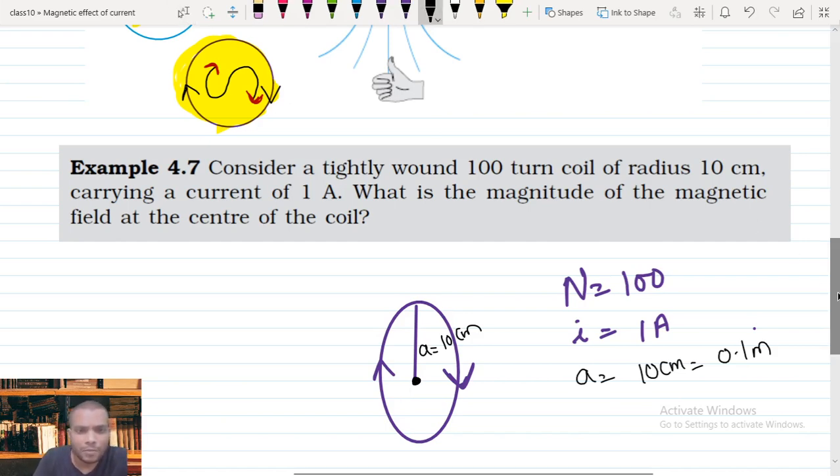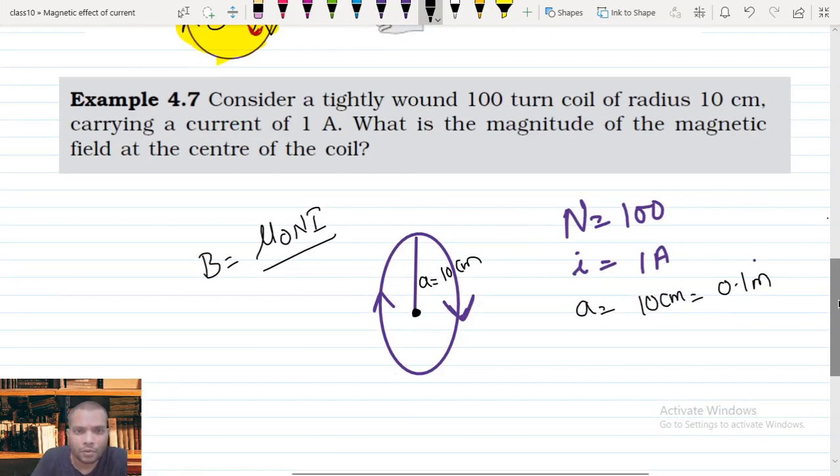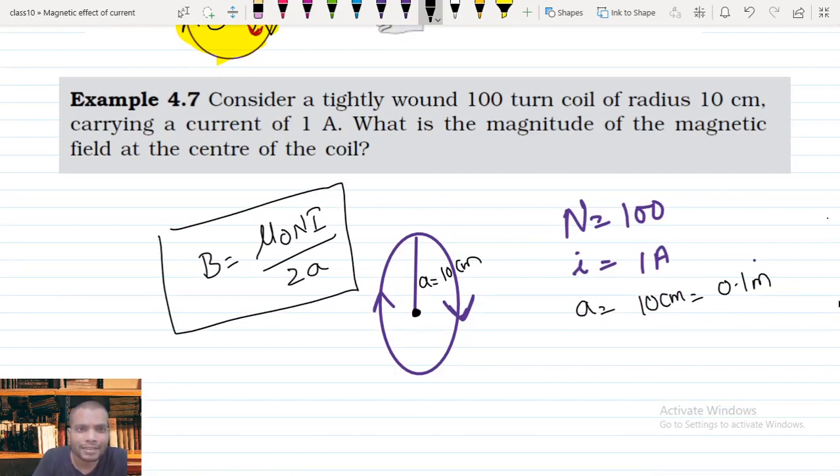So we can use the formula magnetic field B equals mu naught N I upon 2a. I think if memory is correct, yes, it's 2a. Mu naught N I upon 2a is the magnitude of the magnetic field at the center of the coil. Here a is the radius, I is the current, N is the number of turns, and mu naught is the permeability.